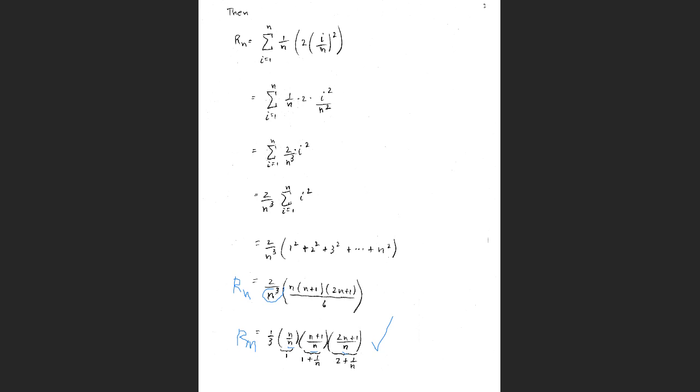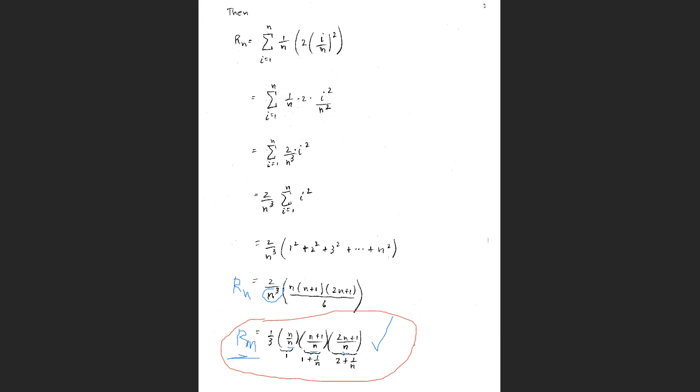Okay. Well, now what we want to do is, we know that this right endpoint approximation R sub n is going to get better and better as we increase the number of subintervals, right? It's going to get better and better. And so what if we were to take the limit of this right endpoint approximation as n goes to infinity?